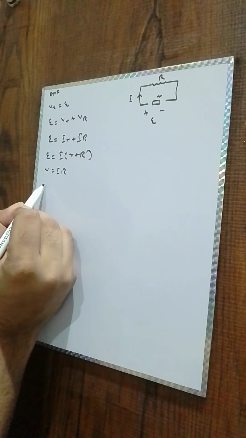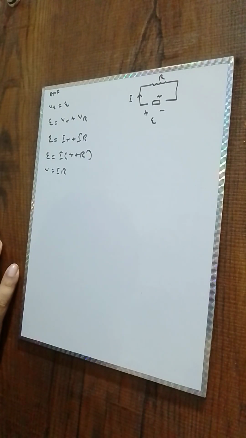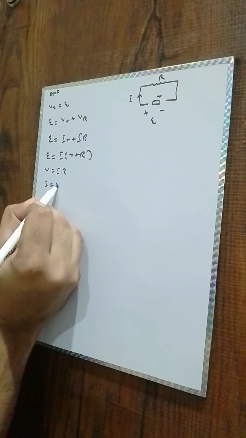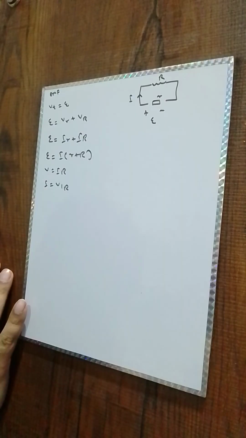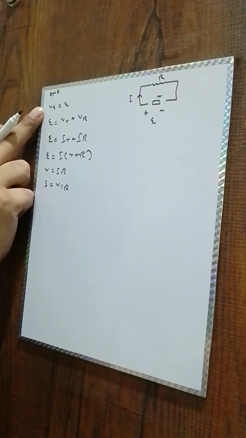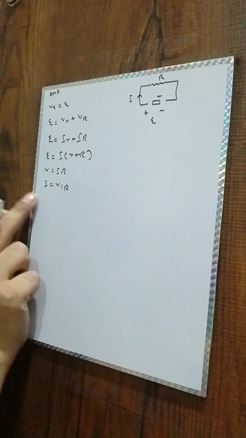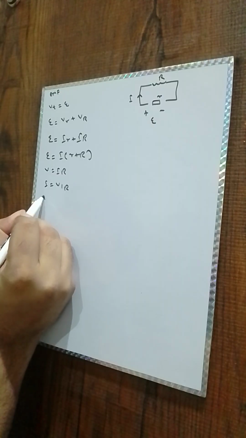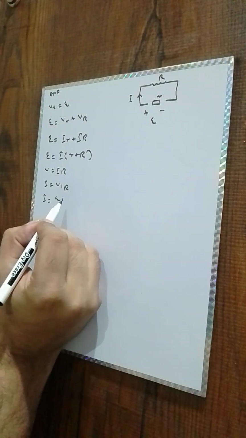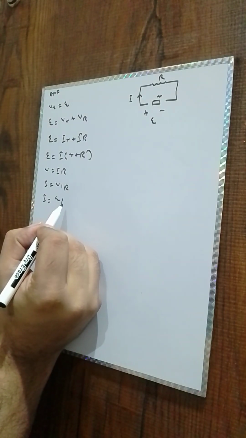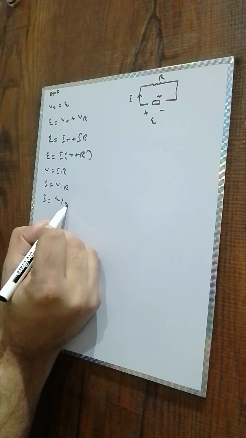As V is equal to IR, I is equal to V by R. So as we have this terminal or functional voltage equal to electromotive force, I would be equal to E by R, but R is the resistance in general.